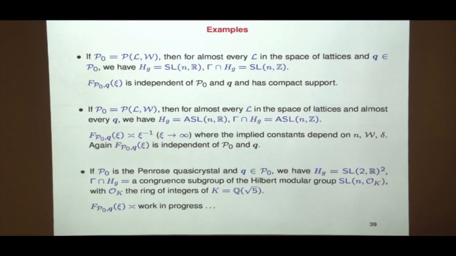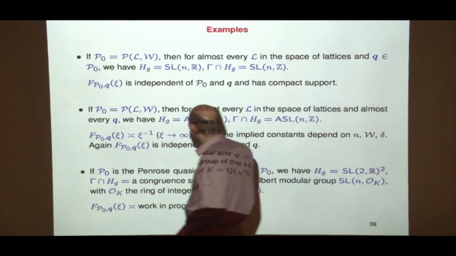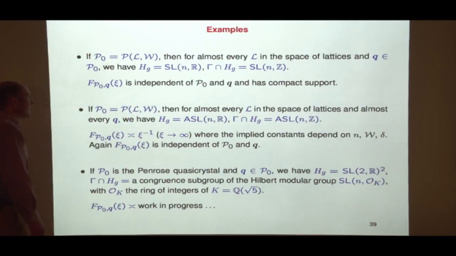So here are a few examples. The first is that if we take a generic lattice, generic in the measure sense, that we use for our cut and project construction, then the group Hg will in fact be the full group.